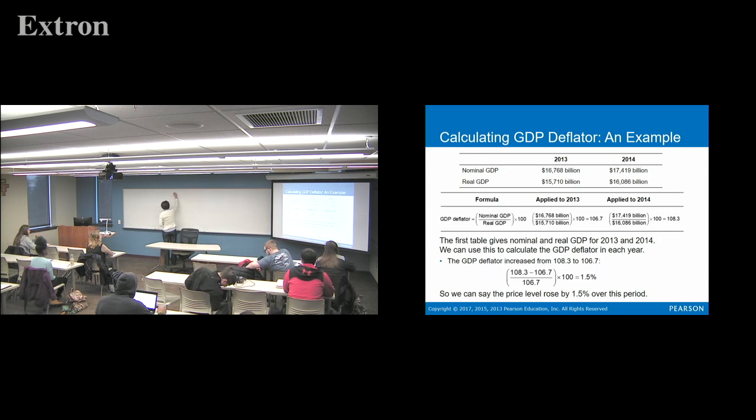So anytime we want to figure out a percentage change in anything, okay, and that's the rate of inflation, the rate at which your tuition went up, the rate at which your electric bill increased, anything like that, your salary, your bonus, or raises, things like that, is to take year 2 minus year 1 divided by year 1, and if you want to convert it to a percentage, you multiply it by 100.